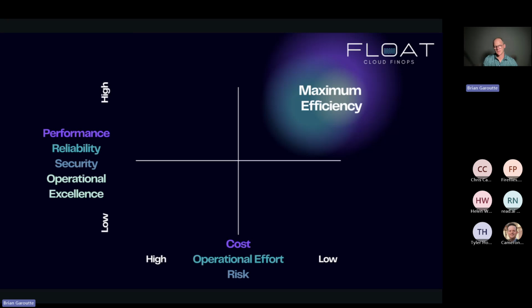So like we touched on last week, there's a matrix that we like to talk to, and that matrix speaks to the maximum efficiency, which is in the top right quadrant, and where we want to maximize the performance, reliability, security, and operational excellence of cloud environments, and do that at the lowest possible cost, operational effort, and risk.